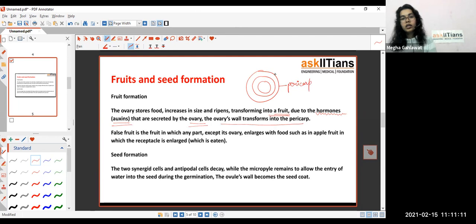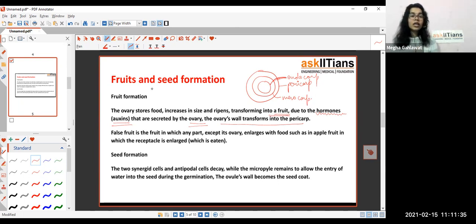The internal layer is called the endocarp, and the middle layer is called the mesocarp. Endocarp could be a little tough or a little soft, depending upon the type of fruit that we're eating.